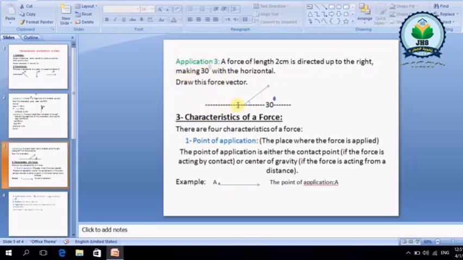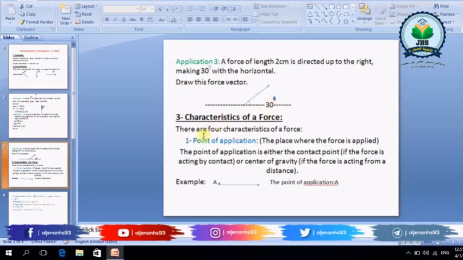This is the horizontal line. We can use the protractor. All of you can draw an angle with 30 degrees. This is an angle with 30 degrees, but its length should be how much? 2 centimeter. This vector is of 2 centimeter and it's up to the right.